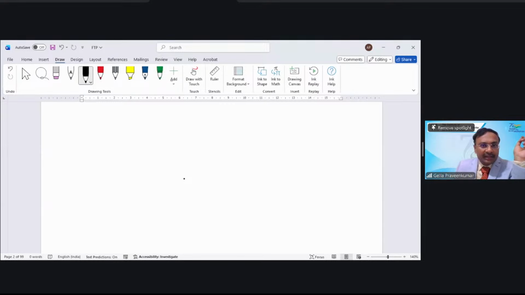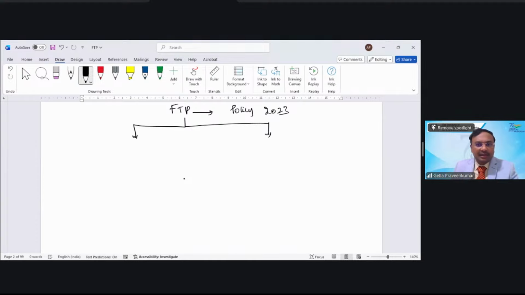Now, foreign trade policy, if you see, as of today we have the FTP 2023 policy, which was made in 2023. I have something called your FTP Act and your handbook of procedures.